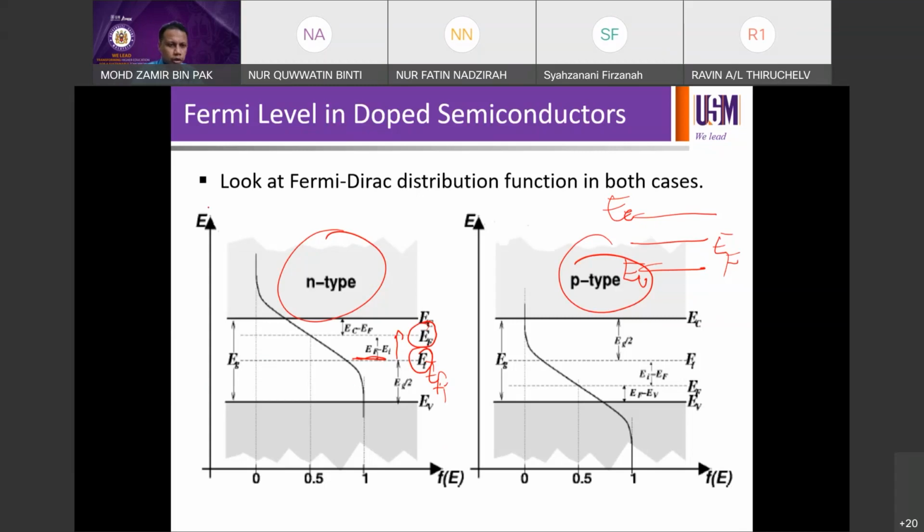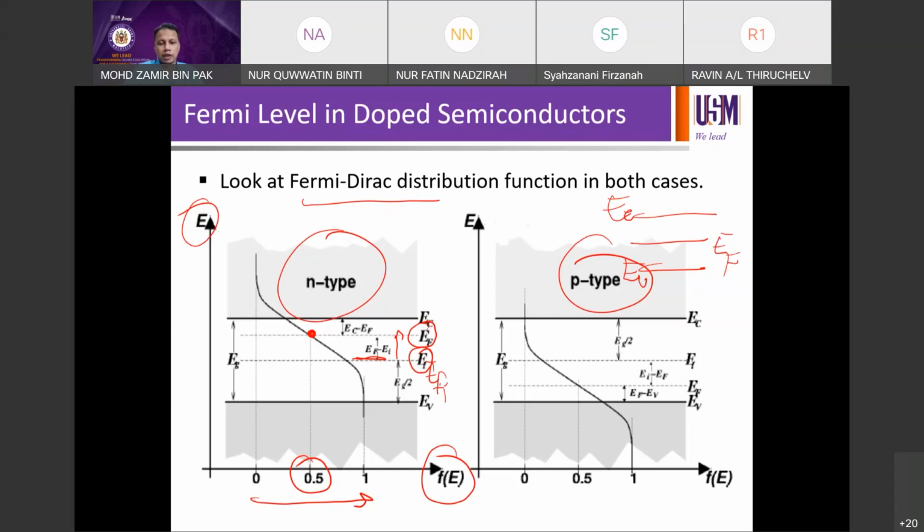Remember we talked about this last time, the Fermi-Dirac distribution function. In this case, E is on the y-axis, probability is on the x-axis, and probability ranges from 0 to 1, and we discussed 0.5. So look at this center point. The center point is your reference.